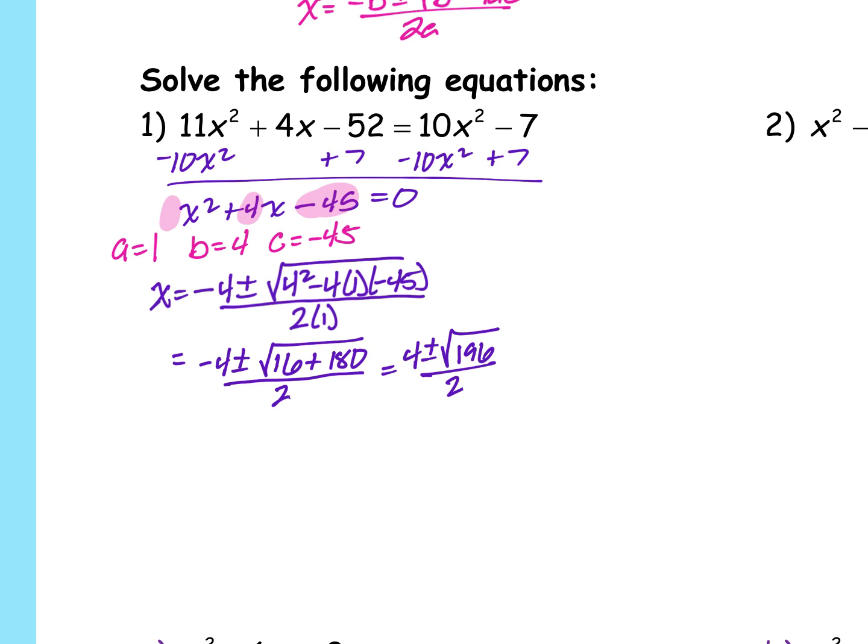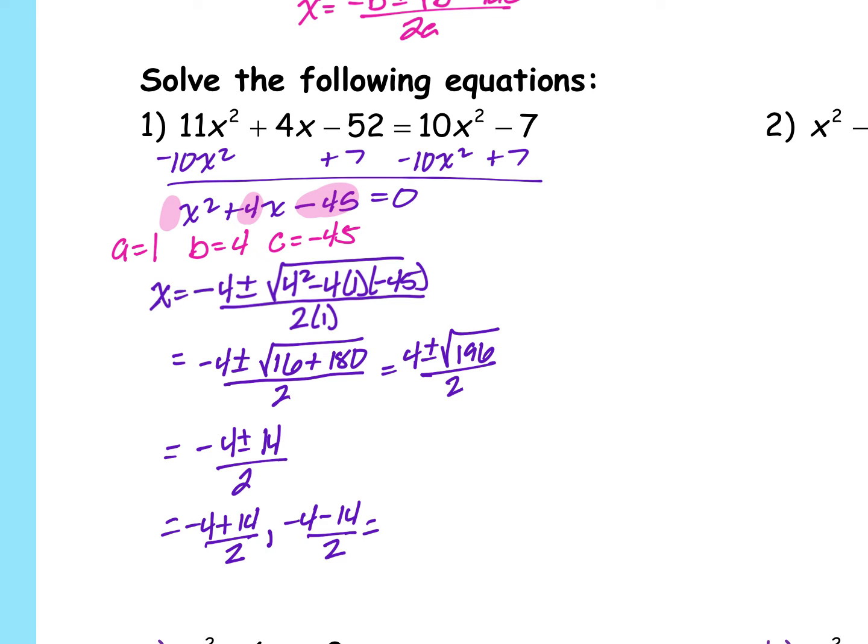Okay. So then I've got negative 4 plus or minus 14, all divided by 2, because the square root of 196 is 14. I'm going to write it down here a little bit. So then I've got 2 different equations. I've got negative 4 plus 14 divided by 2, and I've got negative 4 minus 14 divided by 2.